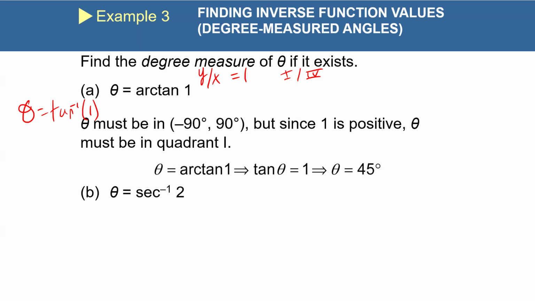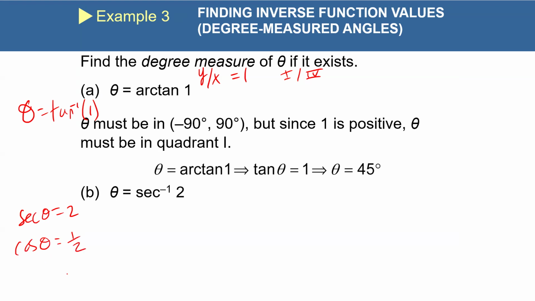Okay. On this one, it's saying theta equals secant inverse of 2. So secant is the reciprocal of who? Cosine, right? So if your secant theta equals 2, that means your cosine theta equals what? 1/2.